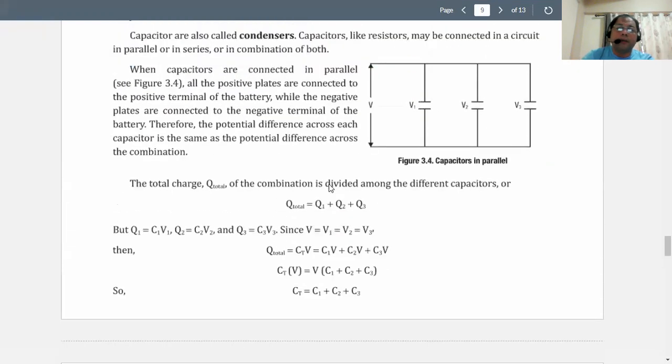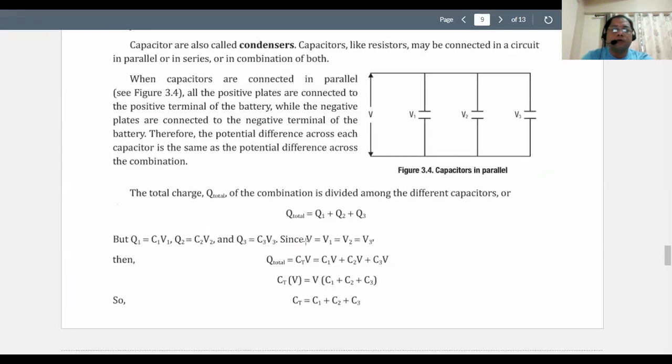Now, the thing about parallel capacitors is that this is how it behaves. According to this equation, the voltages of our capacitors and the source are all equal. So the voltages here are all equal. Just like in our home, our appliances have the same voltages because they are all connected in parallel.